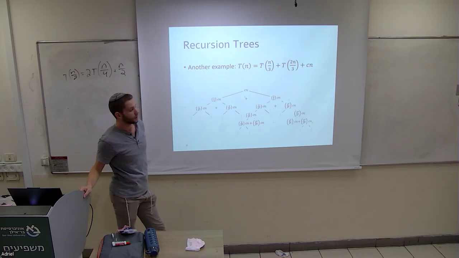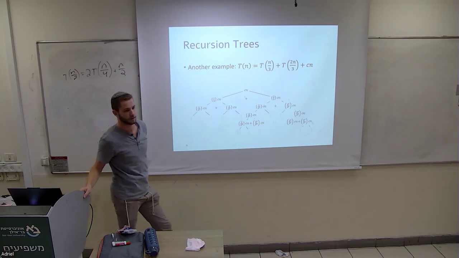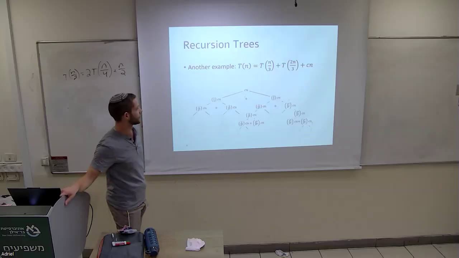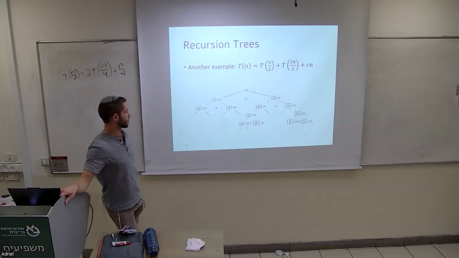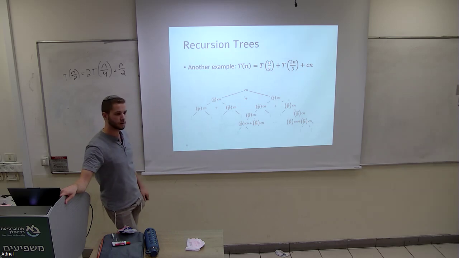Now the real question: what's the height of this tree? It would be less than 1/3, so it's log 3 of n. But log 3 of n is for this side. What about the other side? Oh, right, sorry.